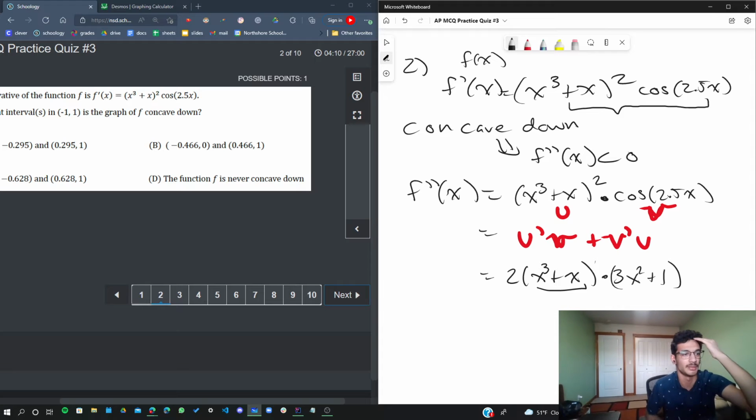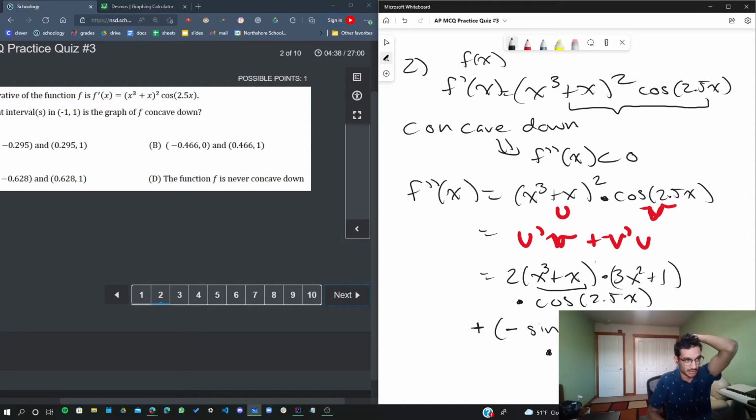That's u prime, and I multiply it by cosine 2.5x. Then add v prime, which is negative sine 2.5x, again chain rule, times the derivative of the inside, 2.5. So v prime times u is this right here.